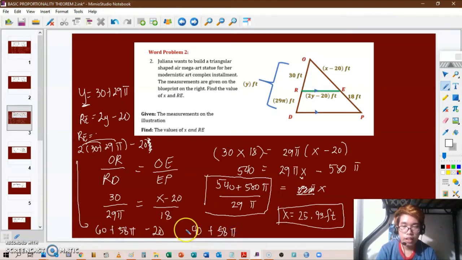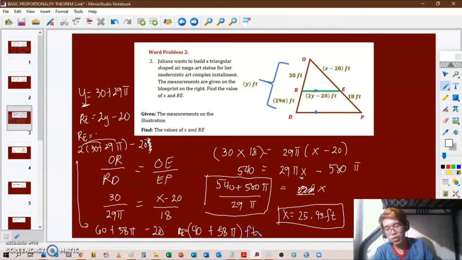Using our calculator, the value of RE is going to be 40 plus 58 pi feet. If we simplify that using the calculator, 40 plus 58 times pi, that's going to be 222.21. So that means that RE is equal to 222.21 feet.